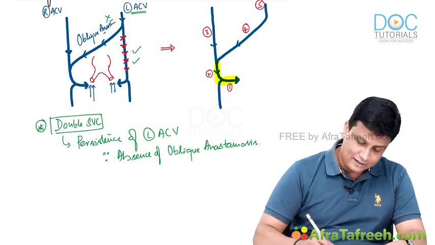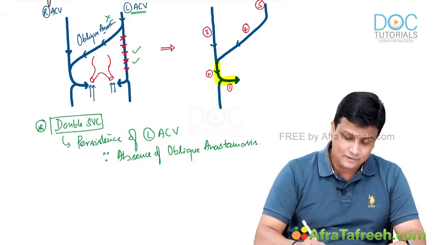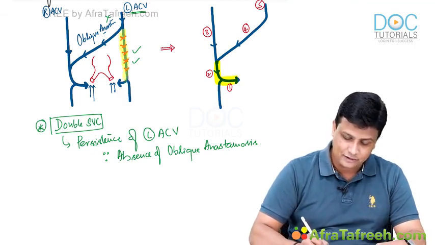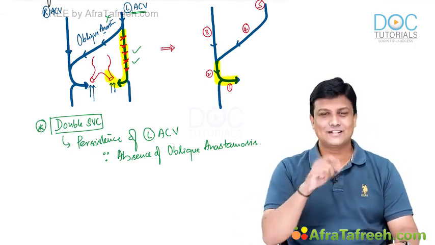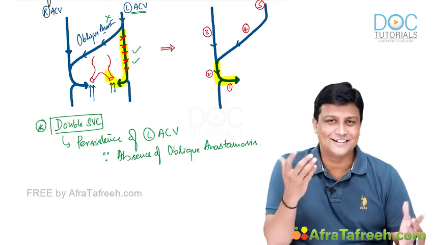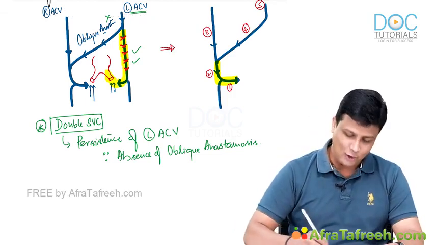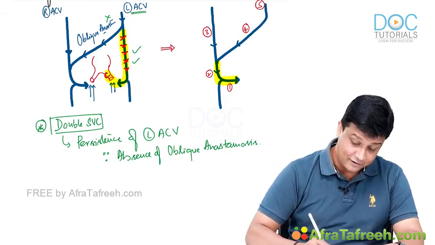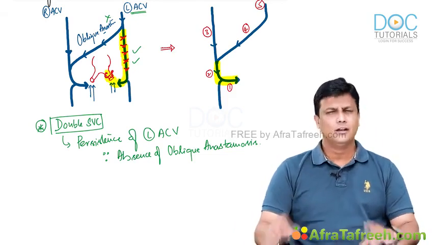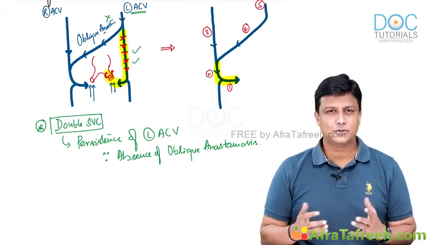So if you have the superior vena cava present on the left side, the left sided superior vena cava will drain into the left horn. And what is that left horn of the sinus venosus going to form? Coronary sinus. So the left horn of the sinus venosus is going to form your coronary sinus. That's another possible question, guys. Double superior vena cava, most of the students easily answer.